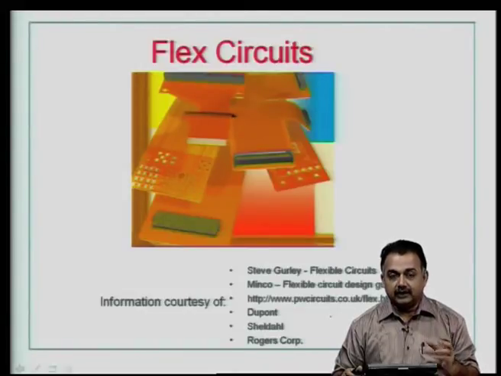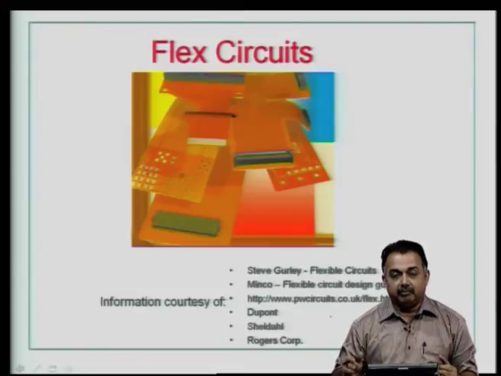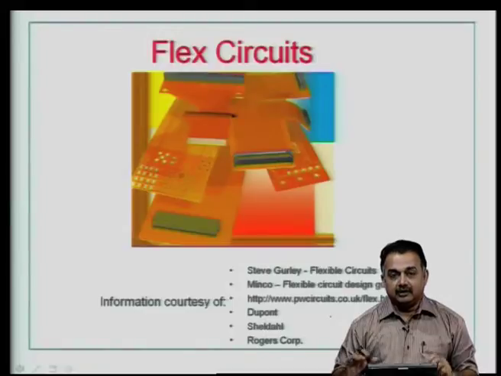It should be lightweight, at the same time high performance, but all flex circuits need not be completely flexible. It can be partly rigid, partly flex. So, you can have sometimes a completely flexible base or circuit, or it can be a rigid flex.